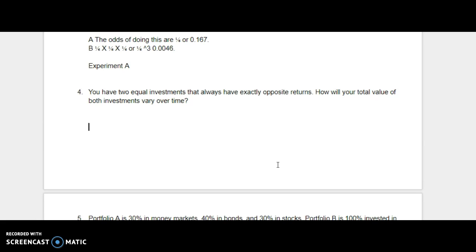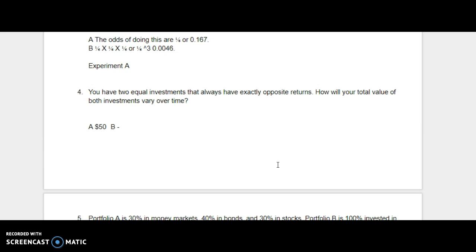Let's take a look at number 4. You have 2 equal investments that always have exact opposite returns. How will your total value of both investments vary over time? So let's say we've got investment A, and investment A gains $50 this month. But investment B, as the problem reads, has the exact opposite return.